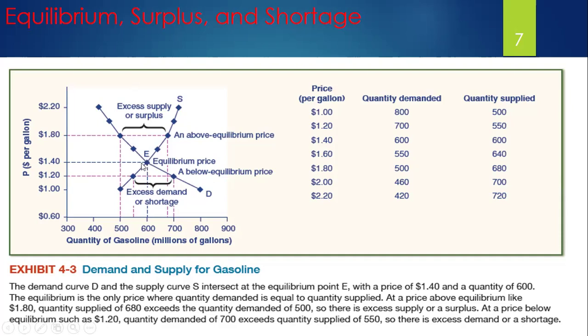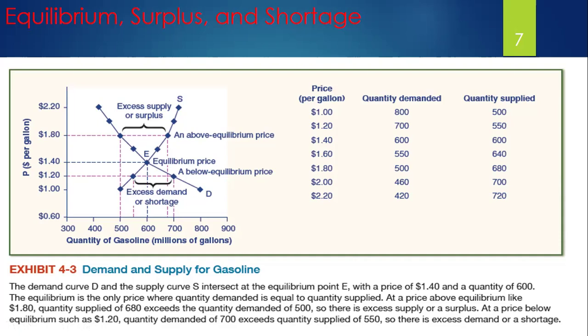At a fixed, stable point here, $1.40, if the price goes up a bit, then the market is going to push the price down because they don't need this much quantity supplied. It's more than what the market needs. The price is going to be pushed down to $1.40 one more time, back to the same equilibrium price.